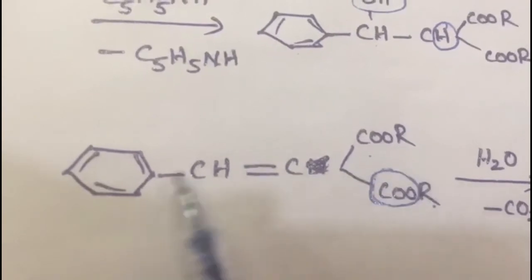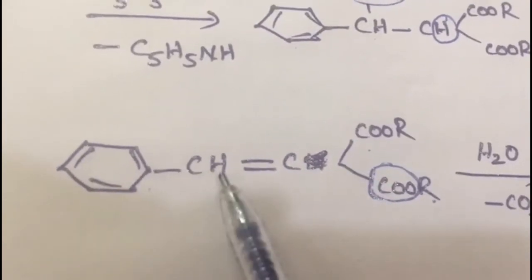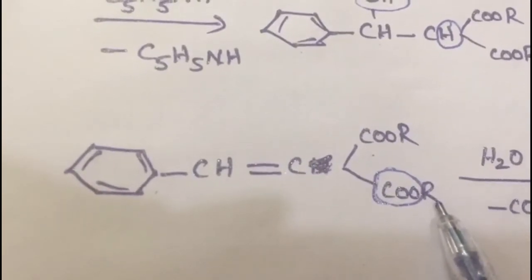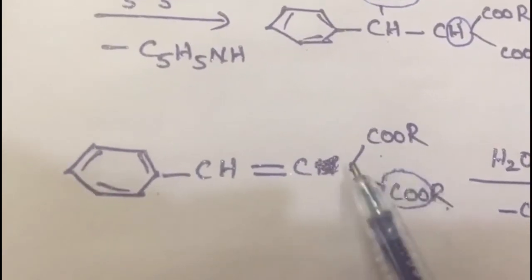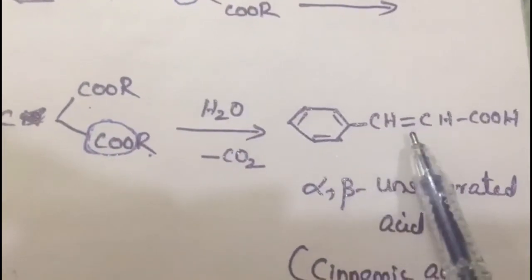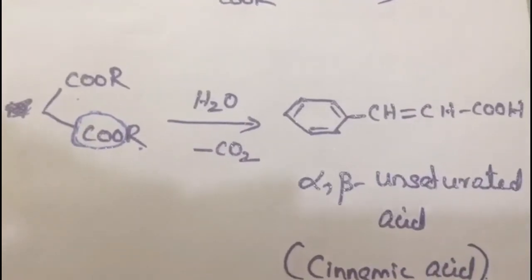So the product will be C6H5CH=CH COOH, because here it will be H after hydrolysis, then COOH. The product is like this, C6H5CH=CH COOH.